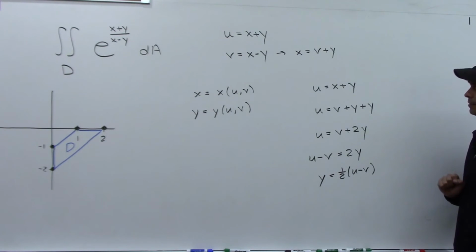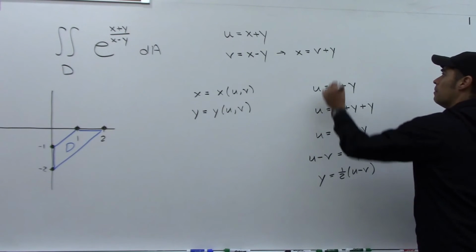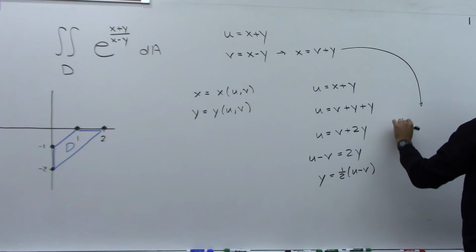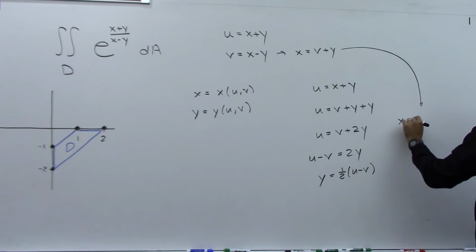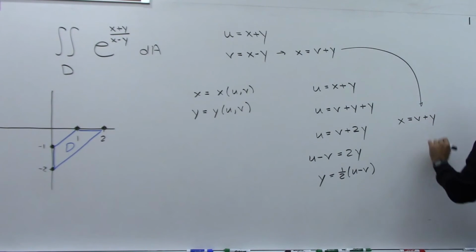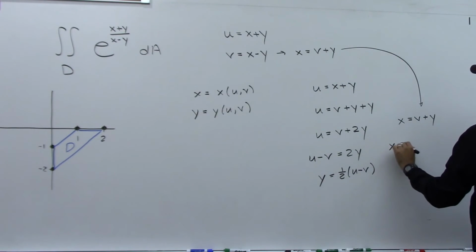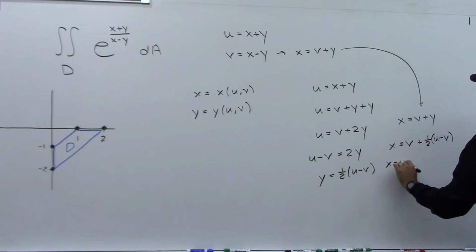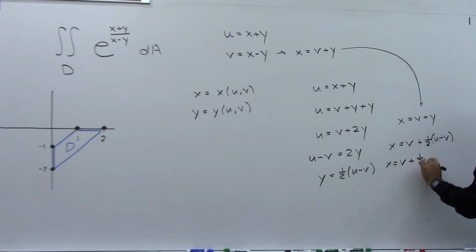Then I'm going to figure out what x is. So let's go up here to this equation we had for x. x is v plus y, but y we just said was 1/2 (u minus v). Let's distribute the 1/2 through: 1/2 u minus 1/2 v.